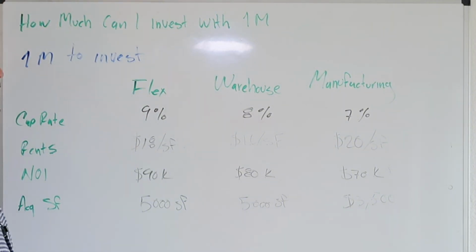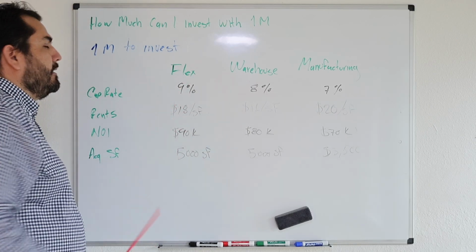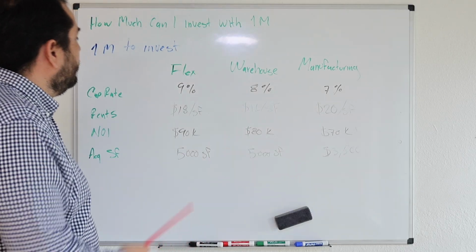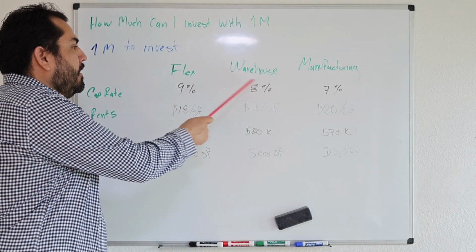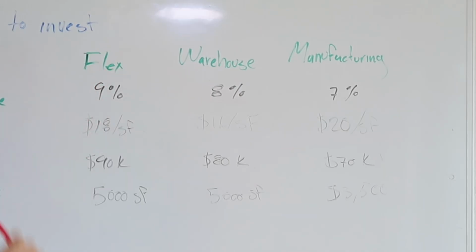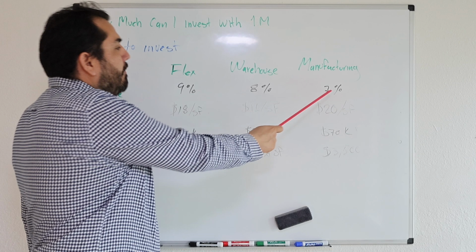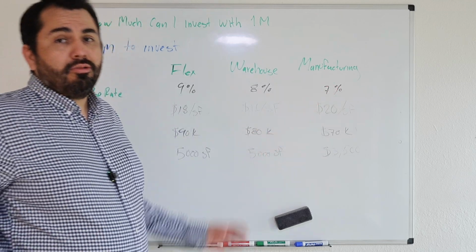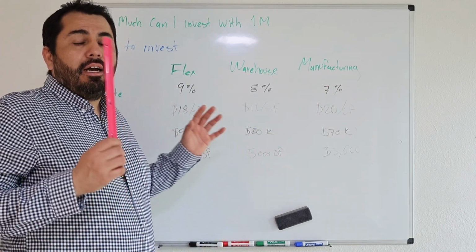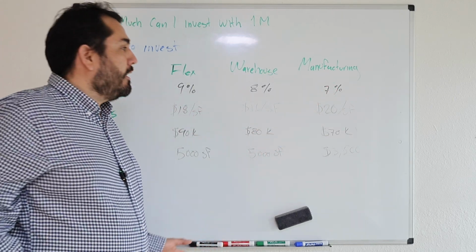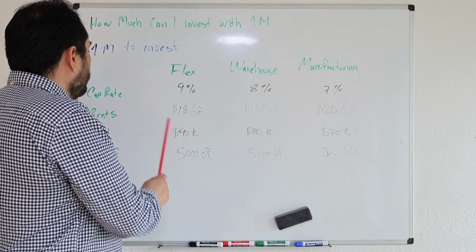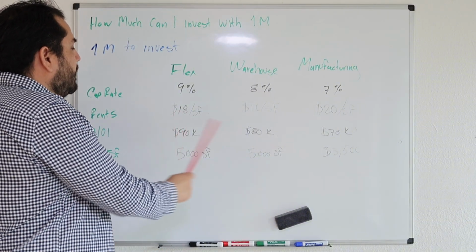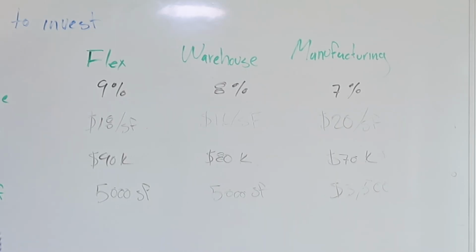The cap rate, as I mentioned, on the flex is the highest, because it's the more risk. Then we have a 9% on the flex, and on the warehouse we have an 8, and in manufacturing we have a 7 because we have a AAA credit tenant. The rents are $18 per square foot in the flex space.